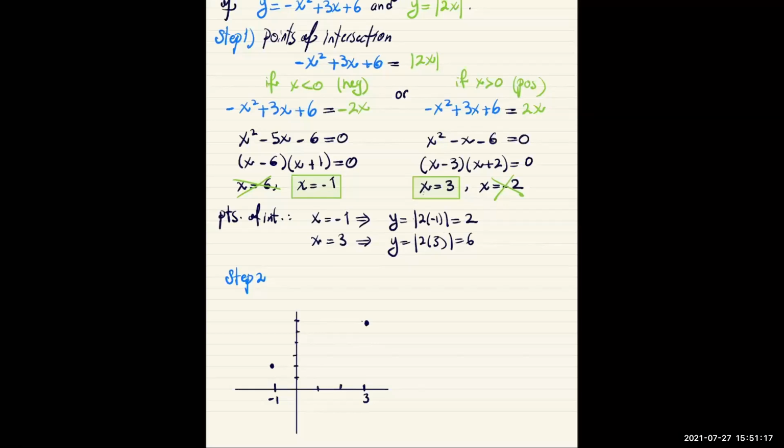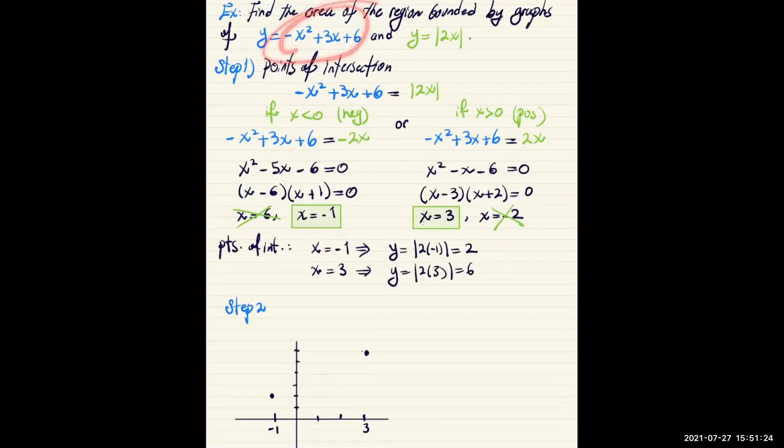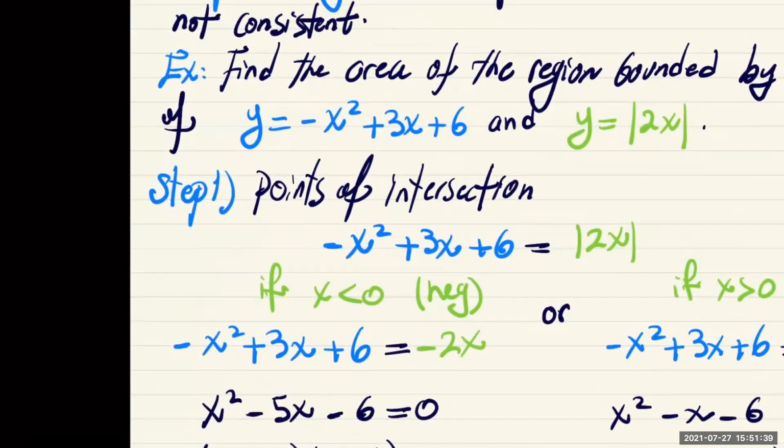Okay, so you can check. You can plug -1 into the quadratic function, and I promise you, it will give you 2. Don't believe me? Let's do it. -1, plug it here. -1 squared is +1 with the negative in front.